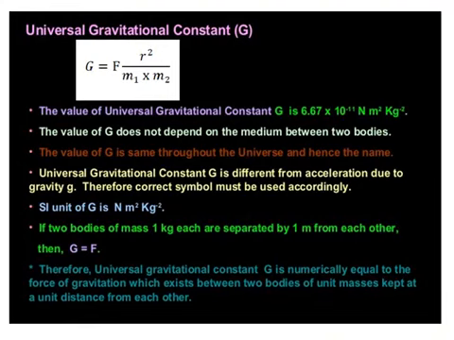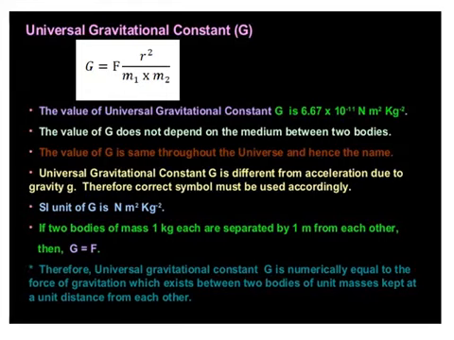Children, let us see the characteristics of the universal gravitational constant G here. The expression for G is equal to F R square divided by M1 into M2, where G is the universal gravitational constant.